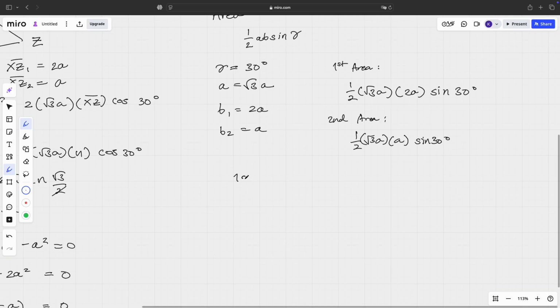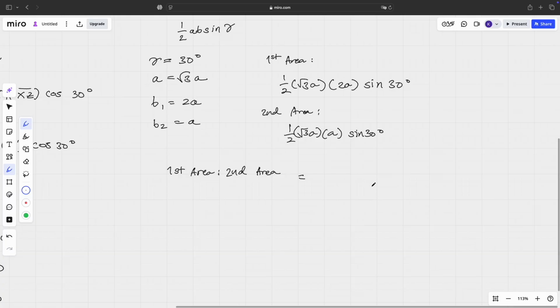And so we're basically just told to find the ratio of the first area and the second area, S and T. And so we don't really need to solve this equation.